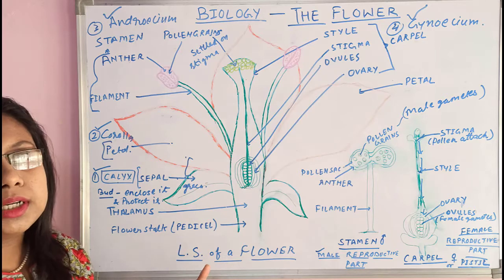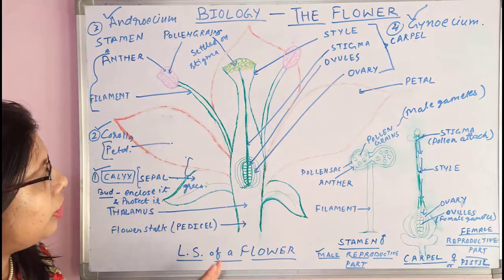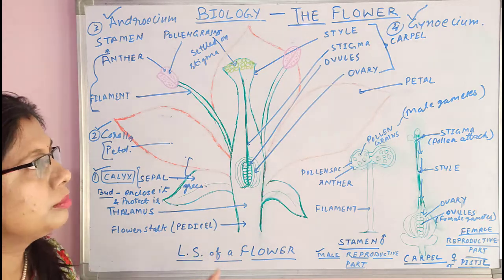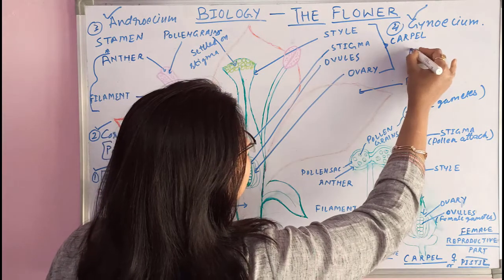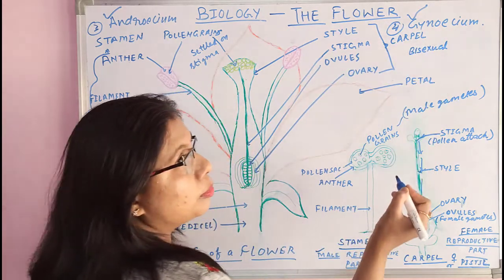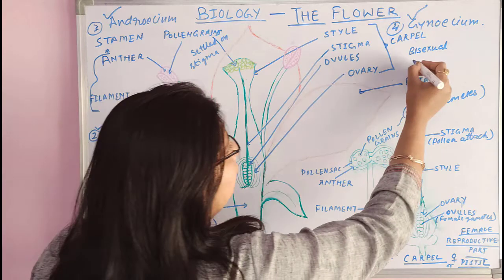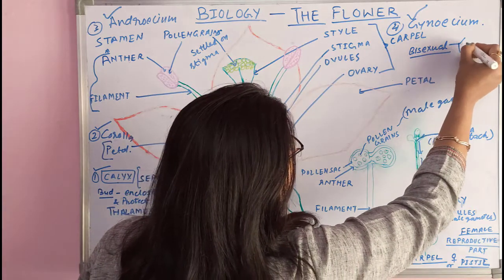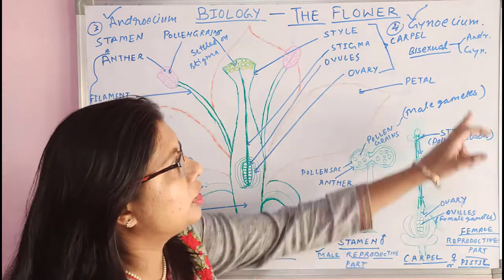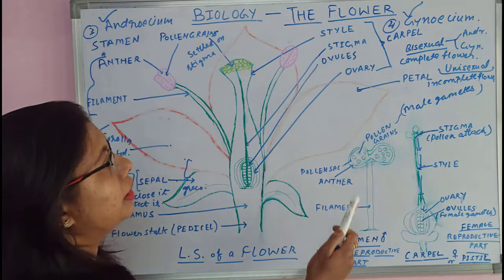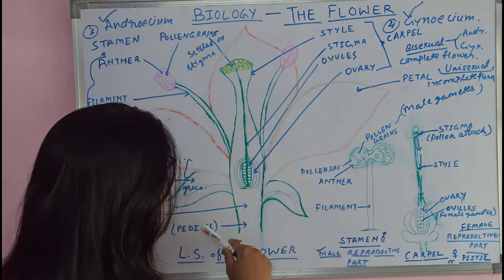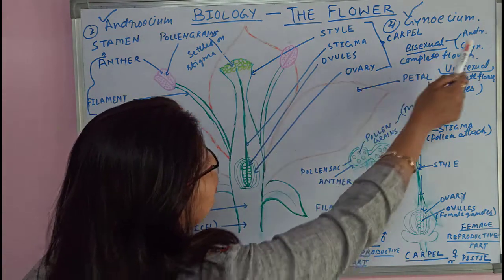But a flower having all 4 whorls is called a complete flower. Means if you see a bisexual flower, this is a type you will study during types of flowers. In bisexual flowers, both the androecium and gynoecium, the male and female reproductive parts, are present. In bisexual flowers, you will find all the 4 whorls: calyx, corolla, androecium and gynoecium.